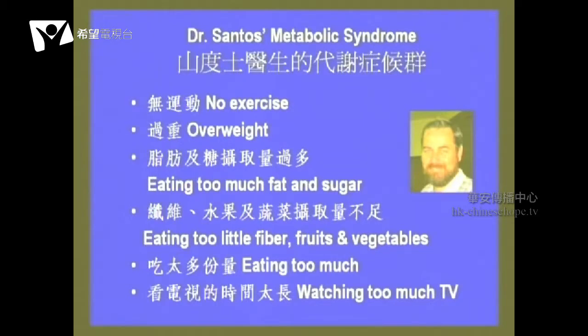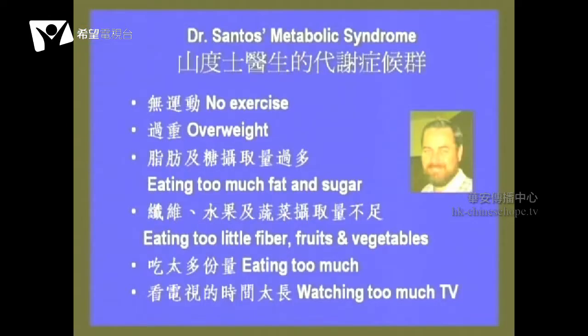So a person that does not exercise, is overweight and eat too much fat and sugar, or eat too little fiber and fruits and vegetables, or just eating too much and watching too much TV.